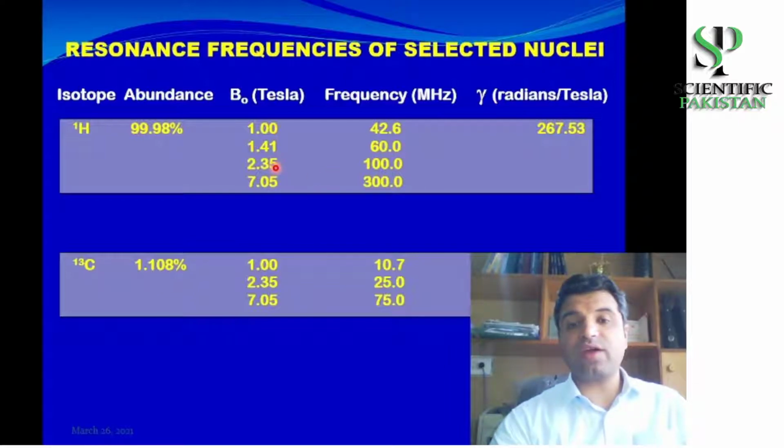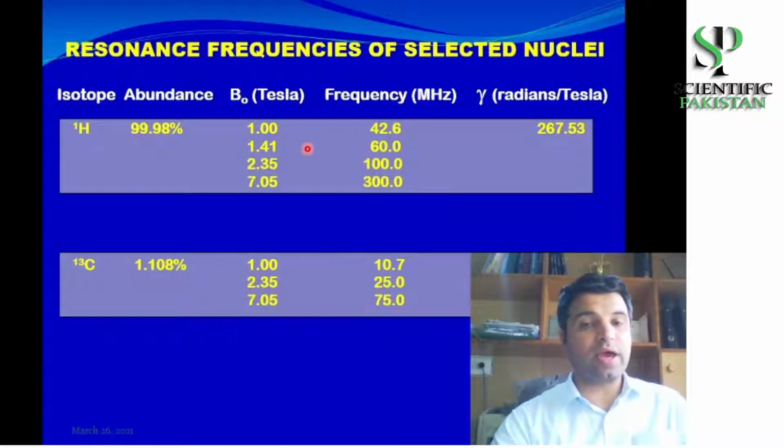At 2.35 Tesla, the frequency is about 100 megahertz. And at 7.05 Tesla, it's equal to 300 megahertz. Let's come down to carbon. At 1 Tesla, the Larmor frequency of carbon-13 is 10.7 megahertz. At 2.35, it's 25 megahertz. And at 7.05, it's 75 megahertz.